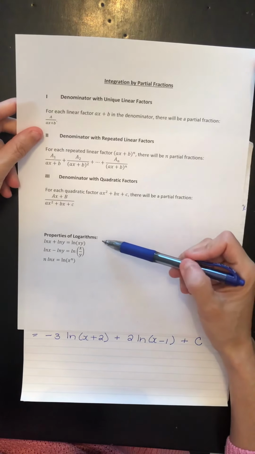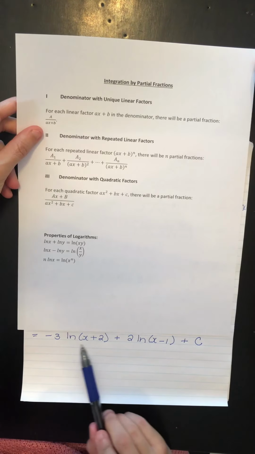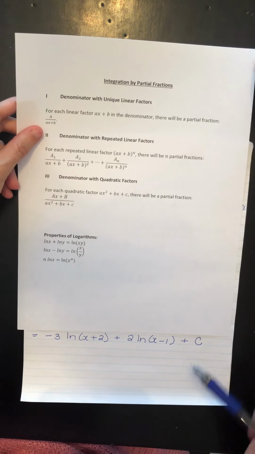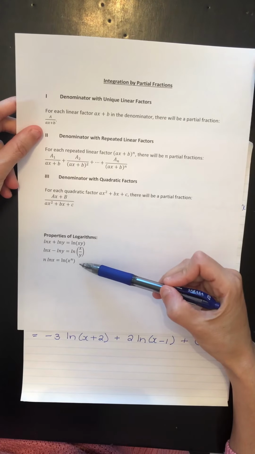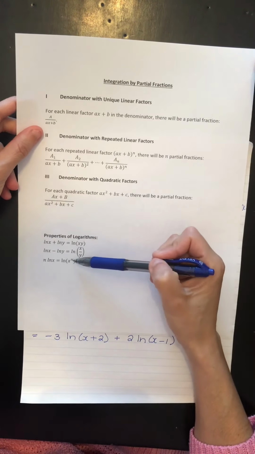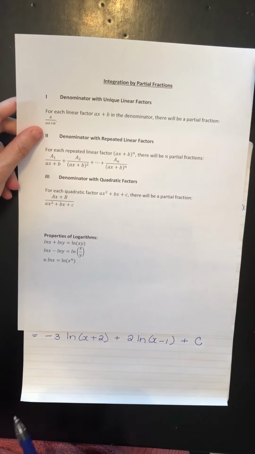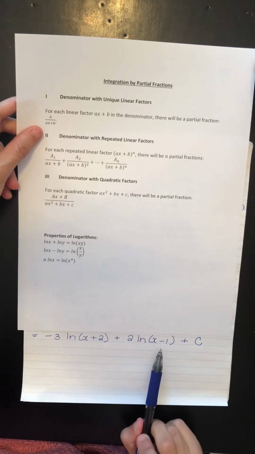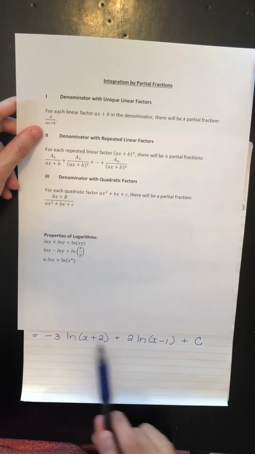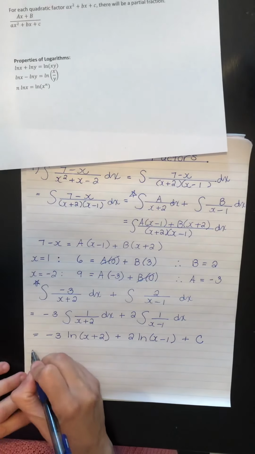On the main formula sheet for the unit, I've also included properties of logarithms that will allow us to simplify this answer. We start with the third property here, taking each coefficient, making the coefficient an exponent. In addition, we can start by putting the first positive term like this.